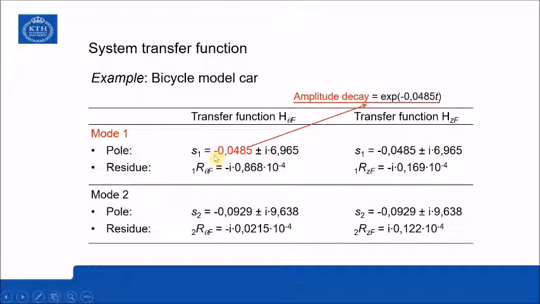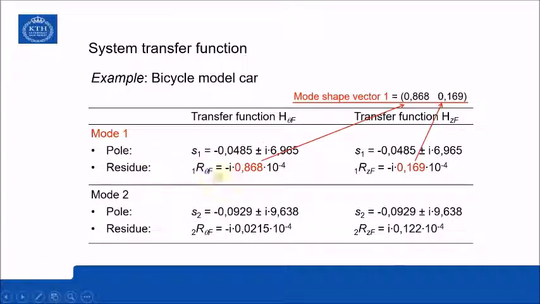The real part of the pole will give you the amplitude decay. So this value will give you the decay rate of the vibration when the vibration source is removed.